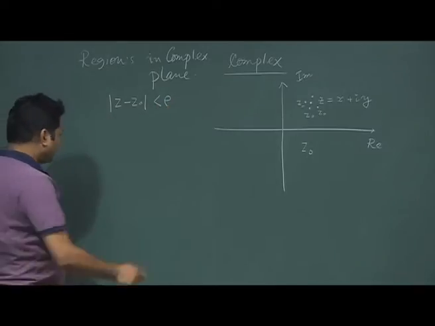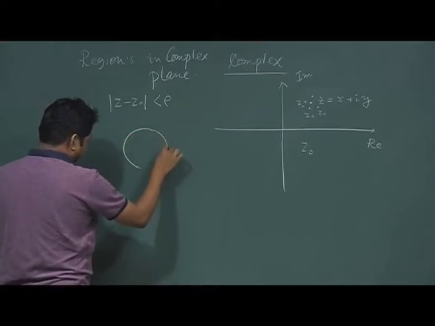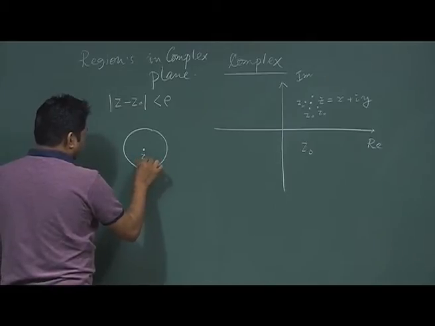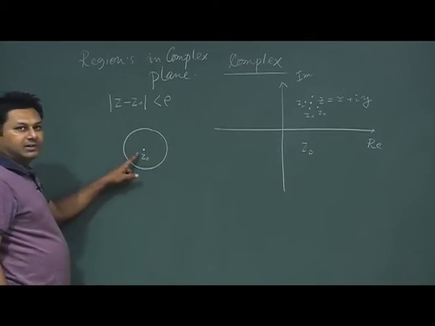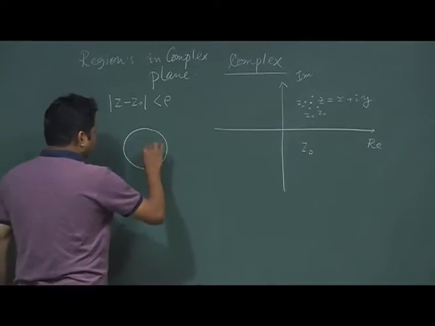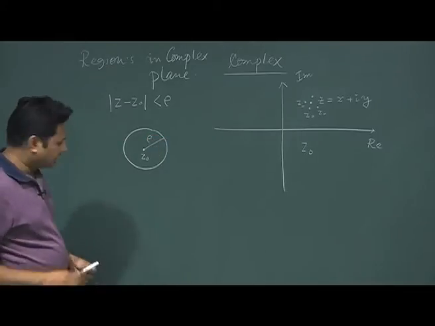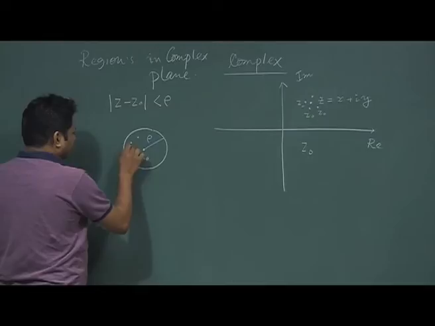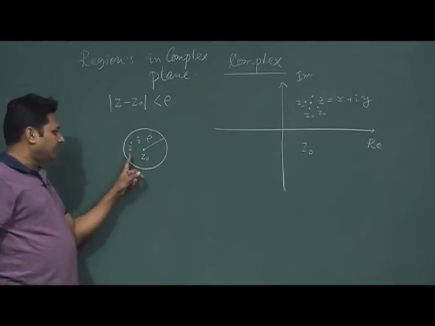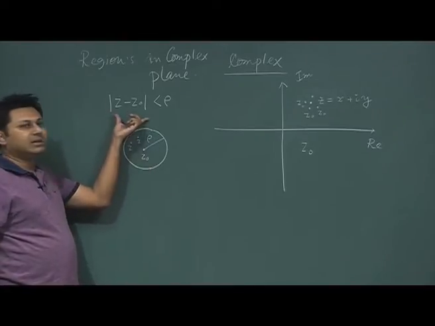It suggests that I have a circle where z0 is sitting in the center of this circle, rho is my radius, and all the points z are satisfying this expression inside the circle.